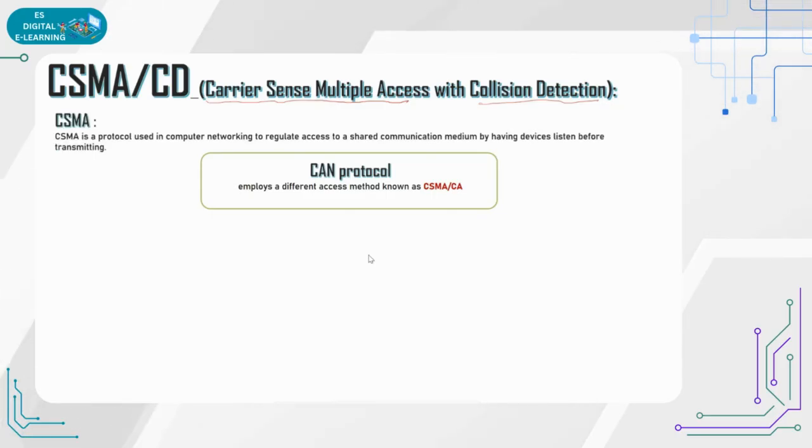Wireless employs a different access method, known as CSMA/CA. So what is CSMA/CA? It is a protocol used in a computer network to regulate the access.